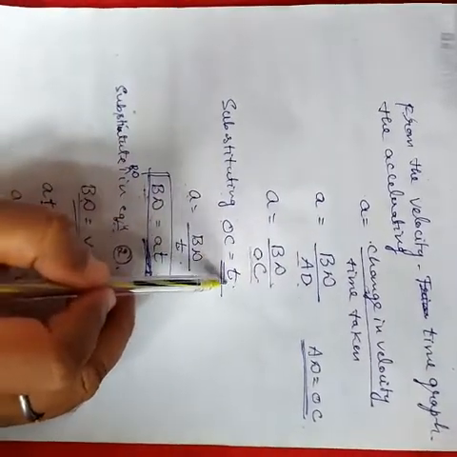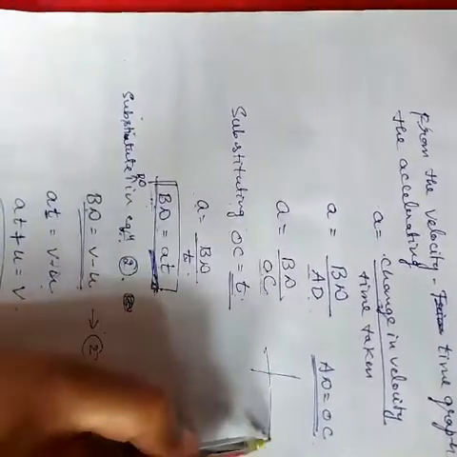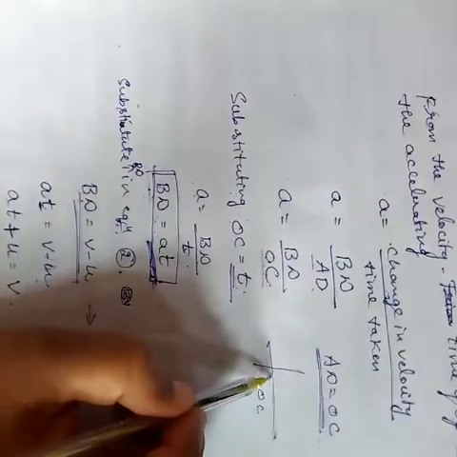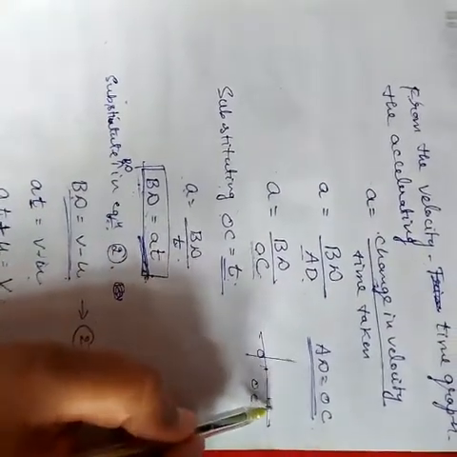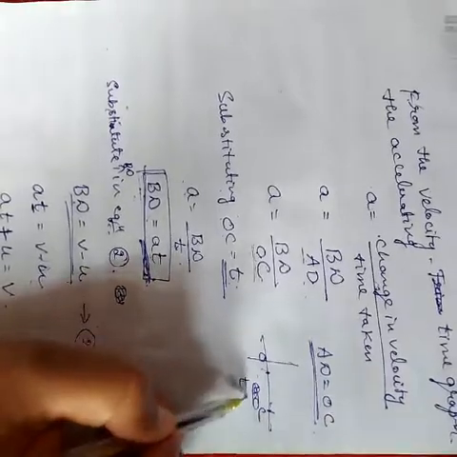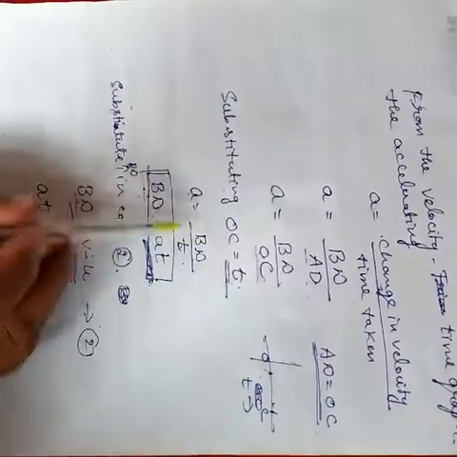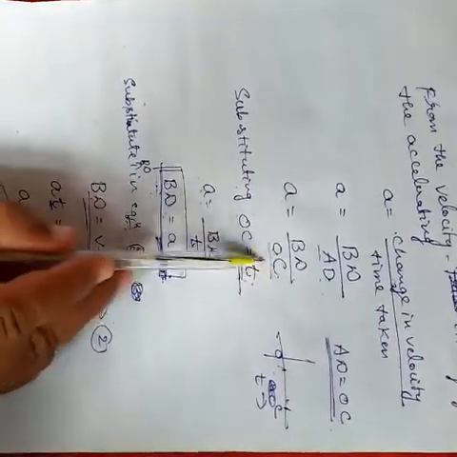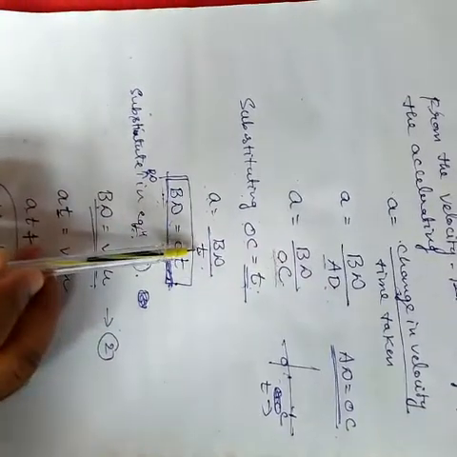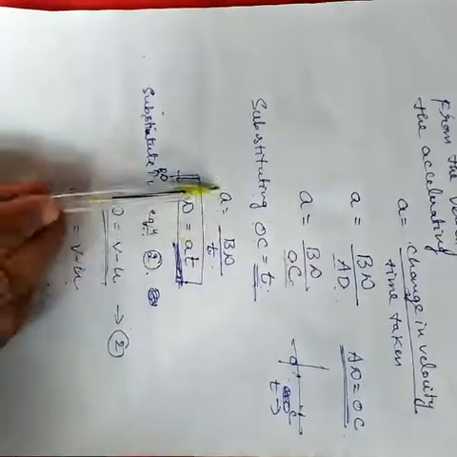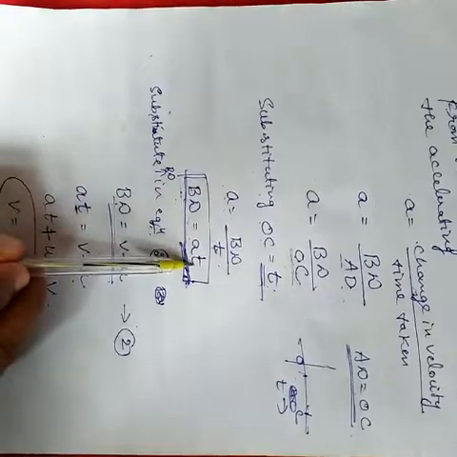OC is equal to T. You know that OC shows time taken. So a is equal to BD upon T. Now cross multiplied, BD is equal to aT.